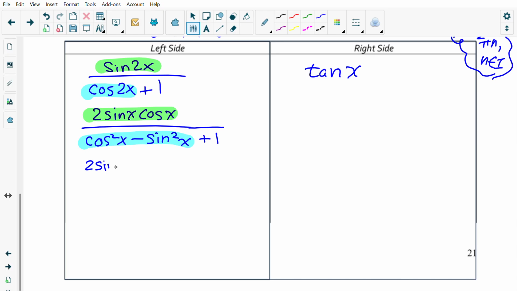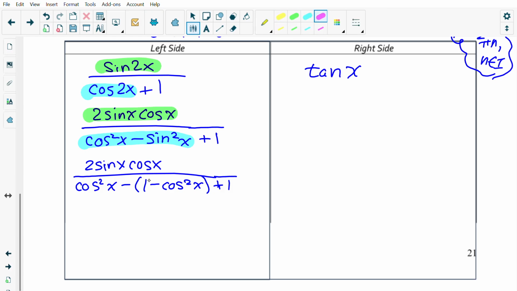In the numerator, I'll start with 2 sine of x, cosine of x, divided by, okay, looks like I'll use another identity here. That's cosine squared of x minus 1 minus cosine squared of x plus 1. So I've used a Pythagorean identity to make another substitution here.